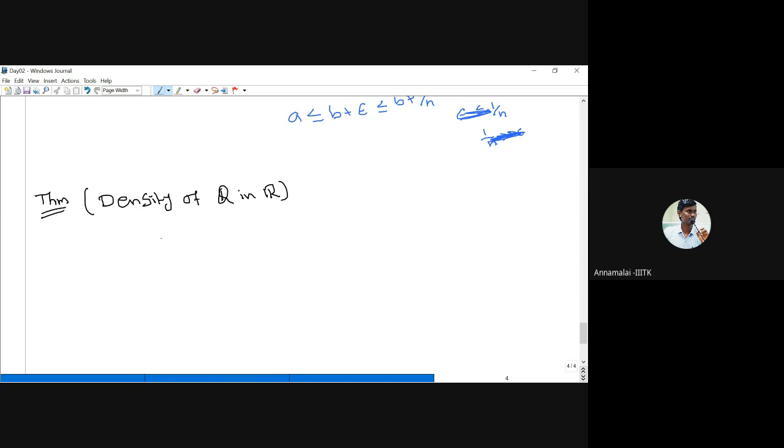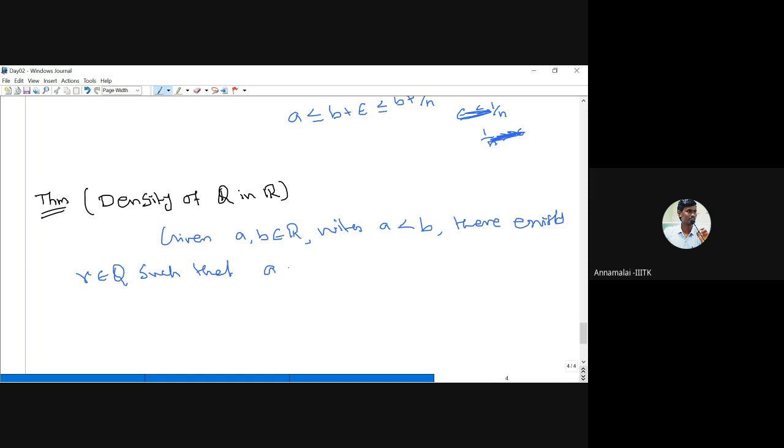That is, given any a and b in R with a strictly less than b, there exists some r, a rational number, such that r lies between a and b.